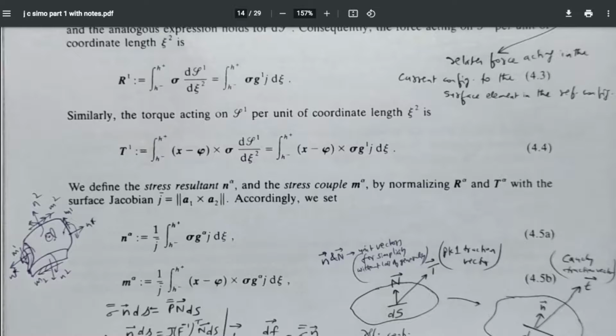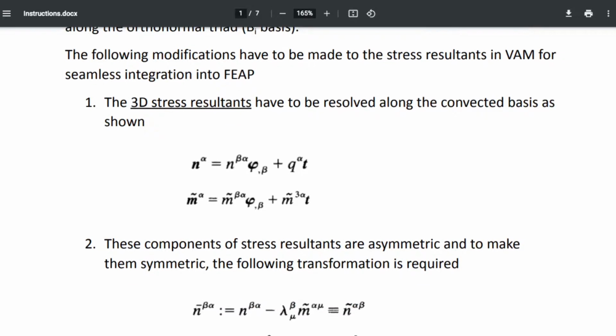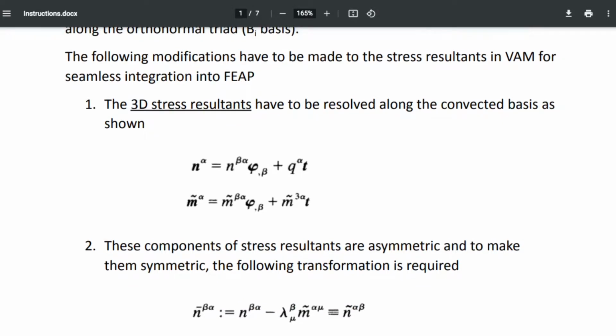So let us come back to that same instructions page. Here what we are saying is that this n alpha and m alpha have to be resolved along the convected basis. I hope it is clear now what n alpha is and what its components are.